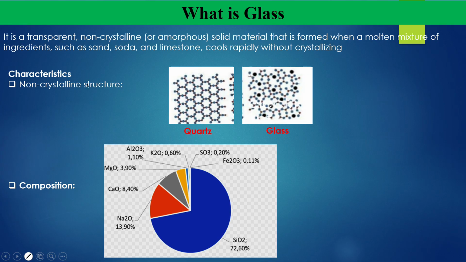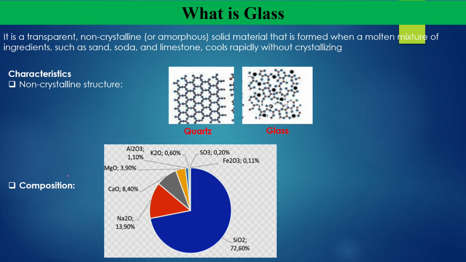Its characteristic is a non-crystalline structure, meaning the atoms are arranged in an irregular form. Suppose in quartz, the atoms are arranged in a regular form, but in glass they are arranged in an irregular form. So this is an amorphous, non-crystalline material.